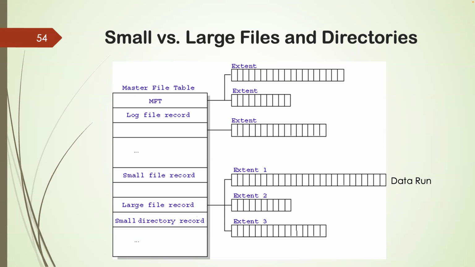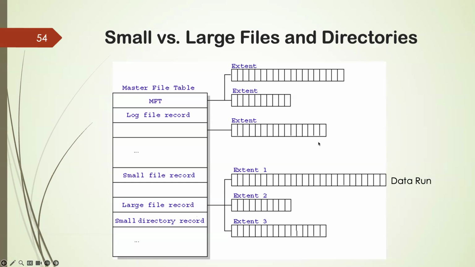What happens in fact is, whenever the file system allocates clusters to one particular file, rather than allocating clusters individually, it tries to find clusters that are physically close to each other, physical neighbors. So we provide something which we call a data run or cluster run. A cluster run is basically a set of multiple clusters.